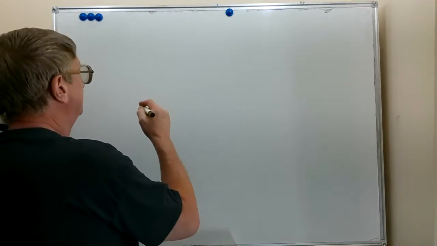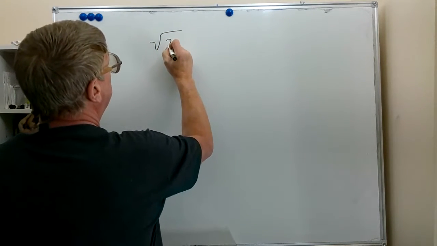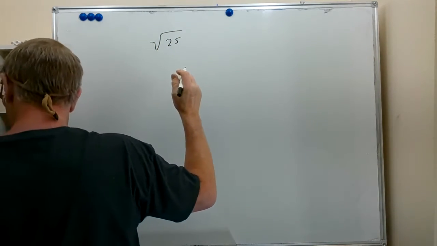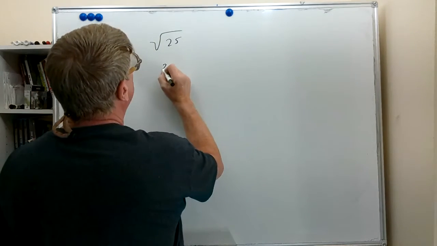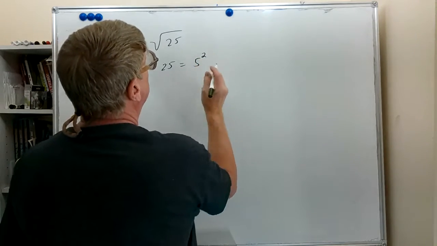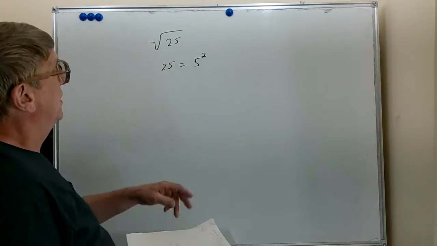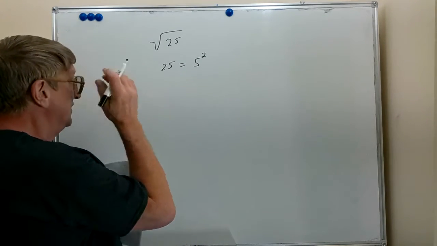For example, if we look for the square root of 25, well, we know that 25 is equal to 5 squared. So that would mean 5 is the square root of 25.